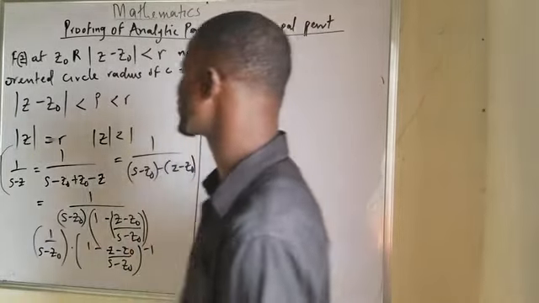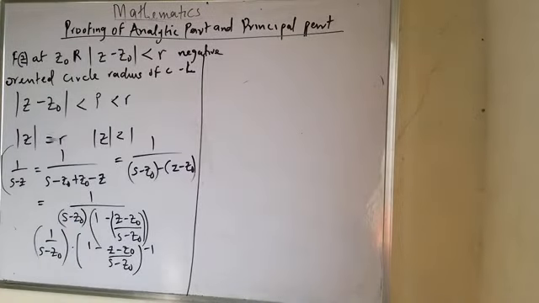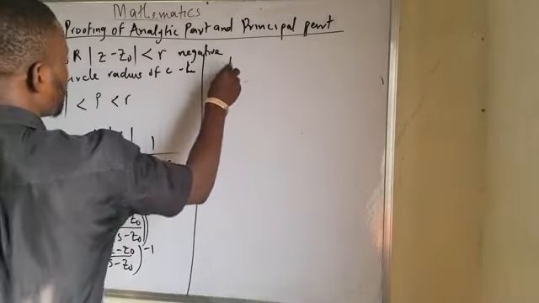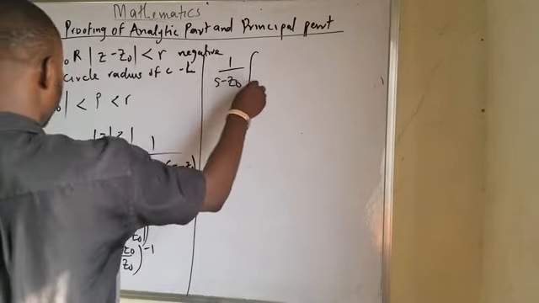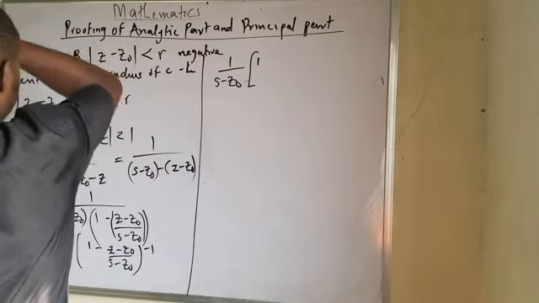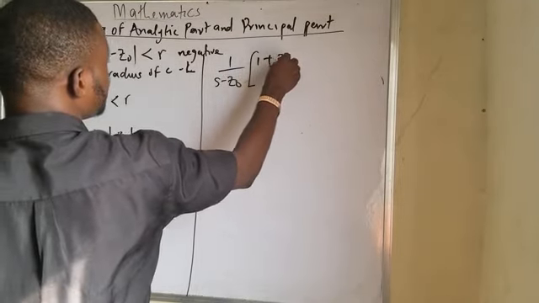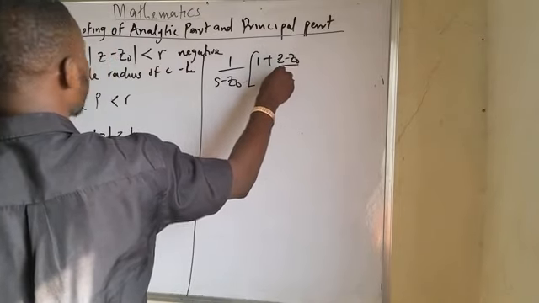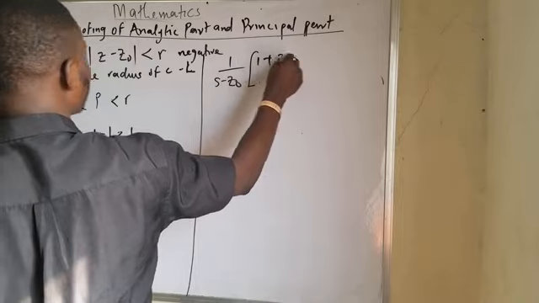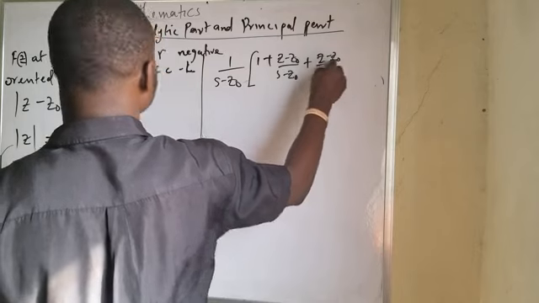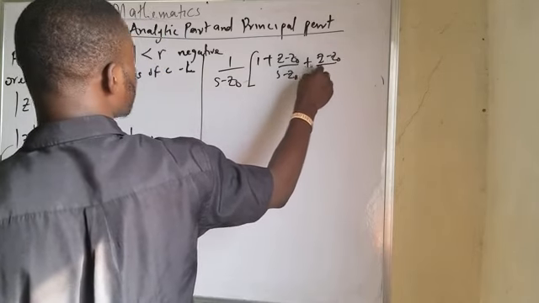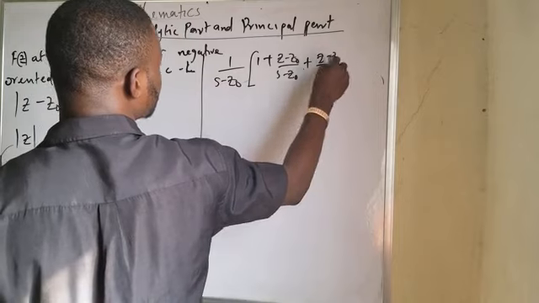When you have a negative degree, it's always infinite. It means I can say that 1 divided by zeta minus z naught, with a bracket of 1 plus z minus z naught all over zeta minus z naught, plus z minus z naught divided by zeta minus z naught.